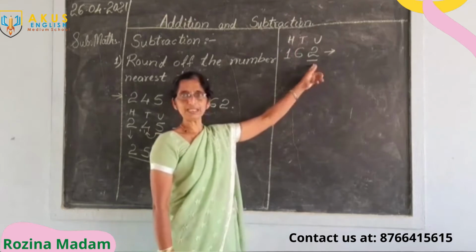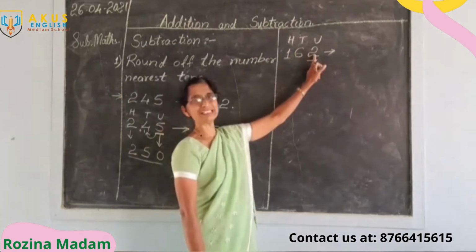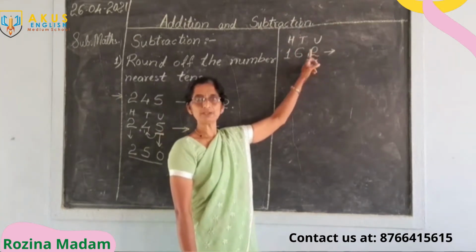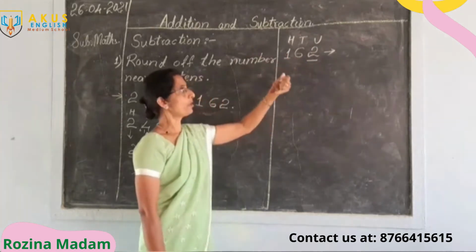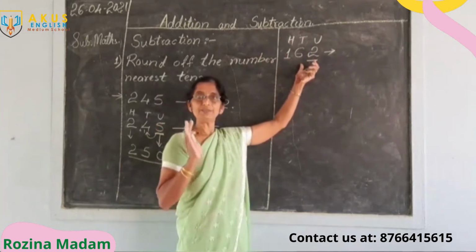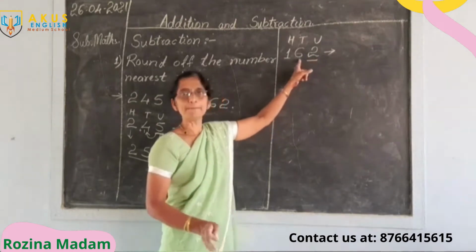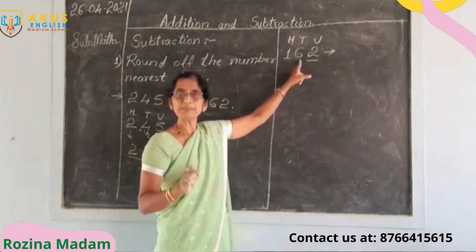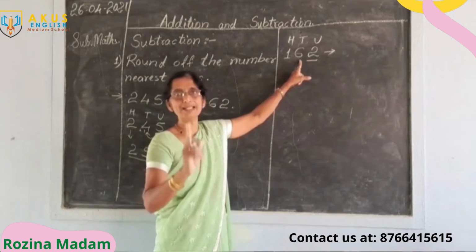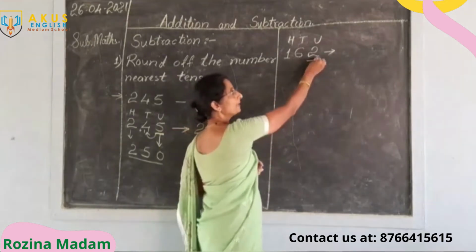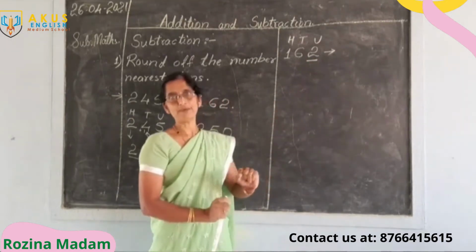Now we can see the number. What number is there in the units place? Here the number is 2. What I have just told you: if the number is 5 or bigger than 5, then the tens place number is added with one. Now here the number 2 is smaller than 5.